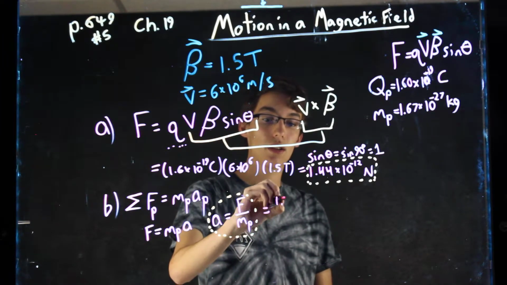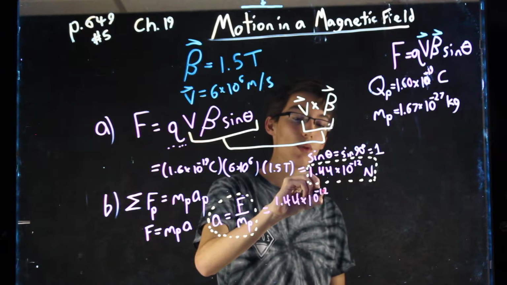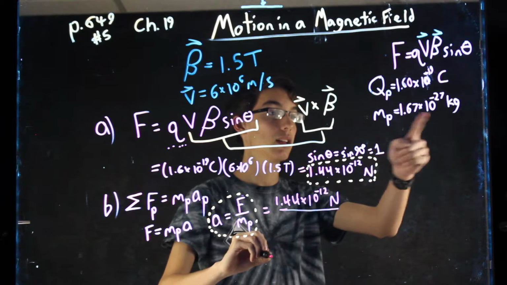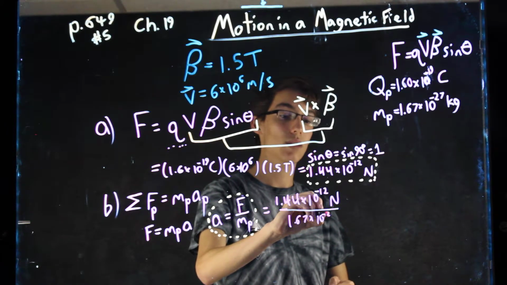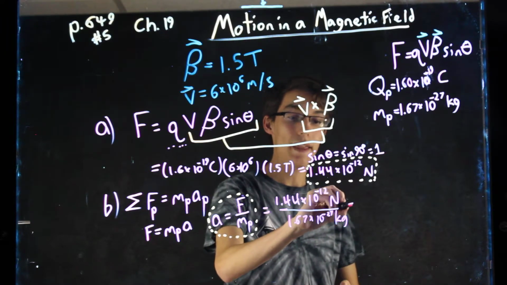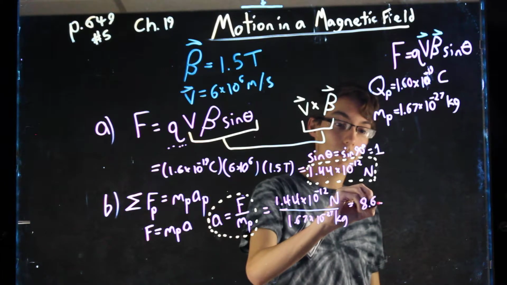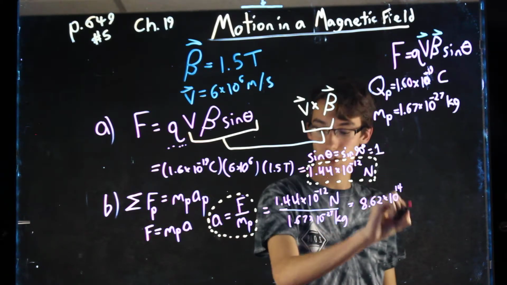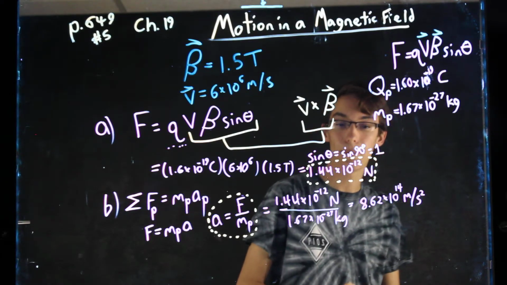We plug in our maximum force of 1.44 times 10 to the negative 12 newtons, and then we plug in our mass of a proton, which is 1.67 times 10 to the negative 27 kilograms, and that gives us a final answer of 8.62 times 10 to the positive 14th meters per second squared, which is our acceleration unit. That's a really large number.